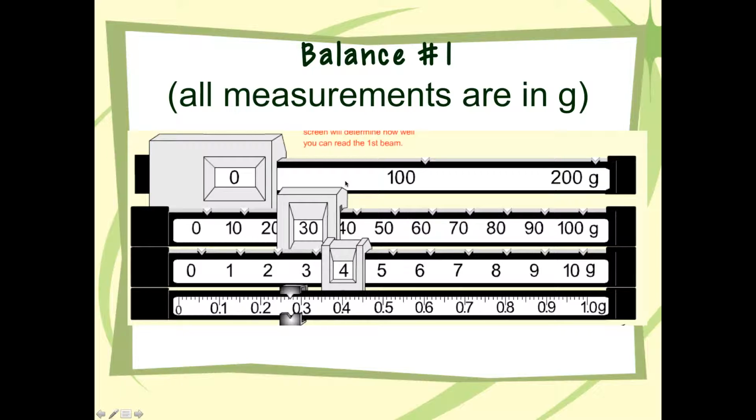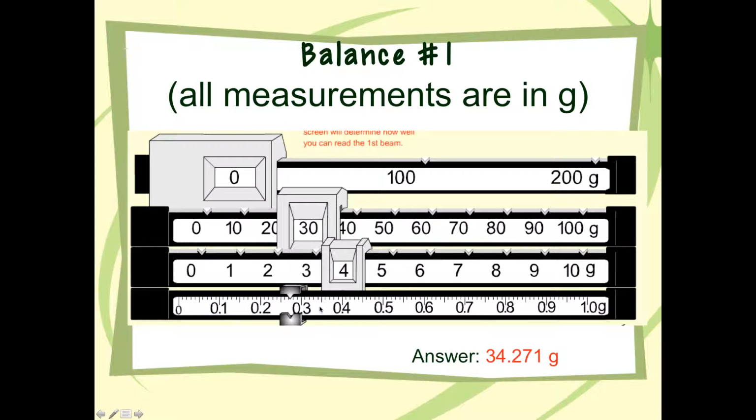If you had a balance, these just keep adding on to each other. So you've got 0 plus 30 plus 4 plus 0.2. So 34.2 is for sure past. And then we can count 0.2, 1, 2, 3, 4, 5, 6, 7. So we'd say 34.27. And then we need one more number to say, well, it looks like it's a little bit past that 0.27.